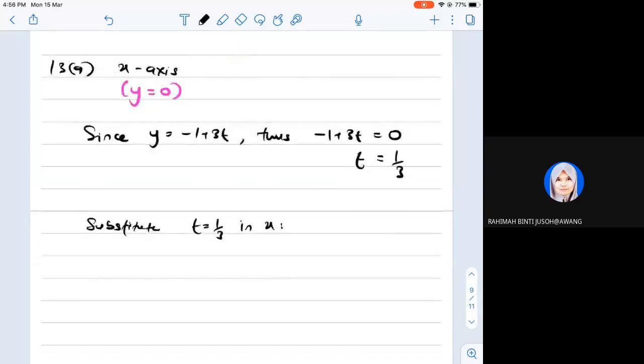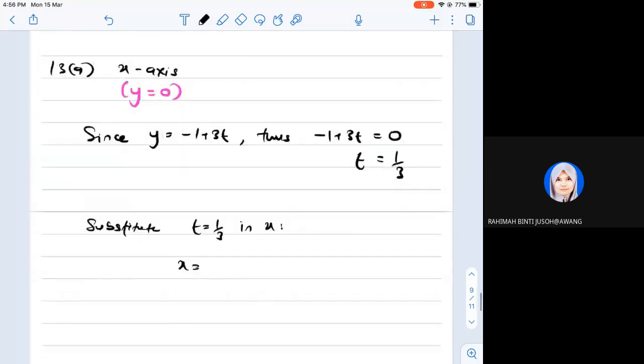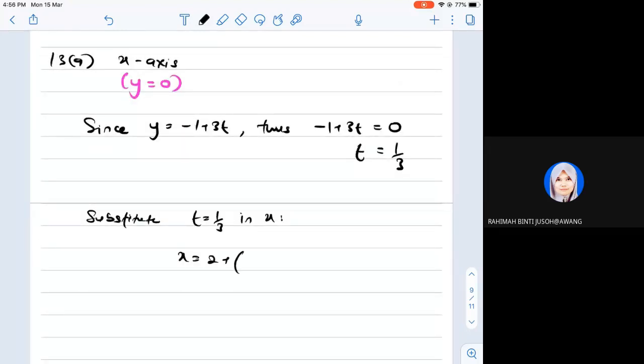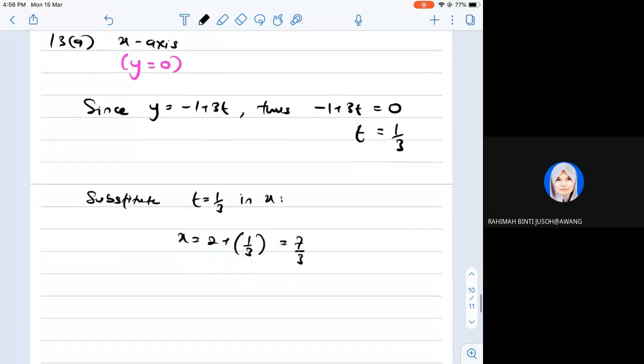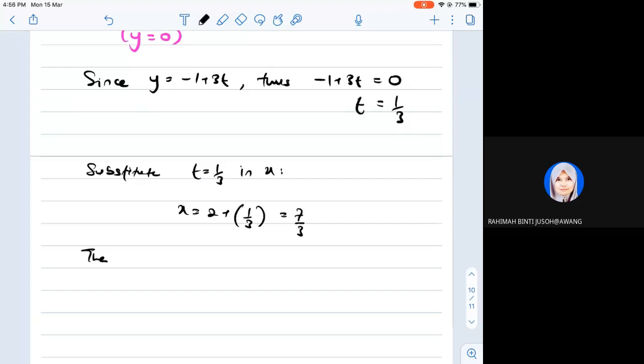So we have x equals 2 plus t, so 2 plus 1 over 3. So we will have 2 times 3 is 6, 7 over 3. Therefore, the point of intersection is, what is our point of intersection?